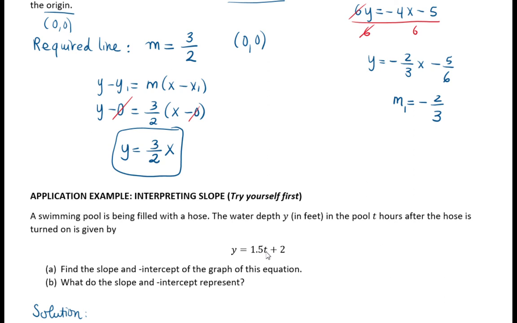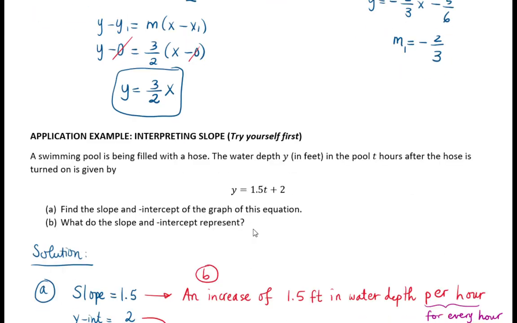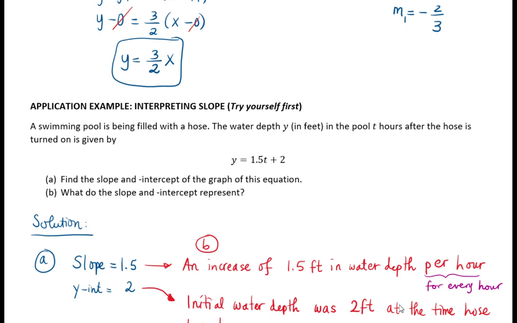So if you plug in t equals 1, that means after 1 hour, it's going to increase by 1.5. After 2 hours, it's going to increase by 3. So that 1.5 represents the increase of the water depth per hour. So if you plug in 4, that means the depth is increased by 6 and becomes 8 in total. And 2 represents the initial depth before the hose is turned on.